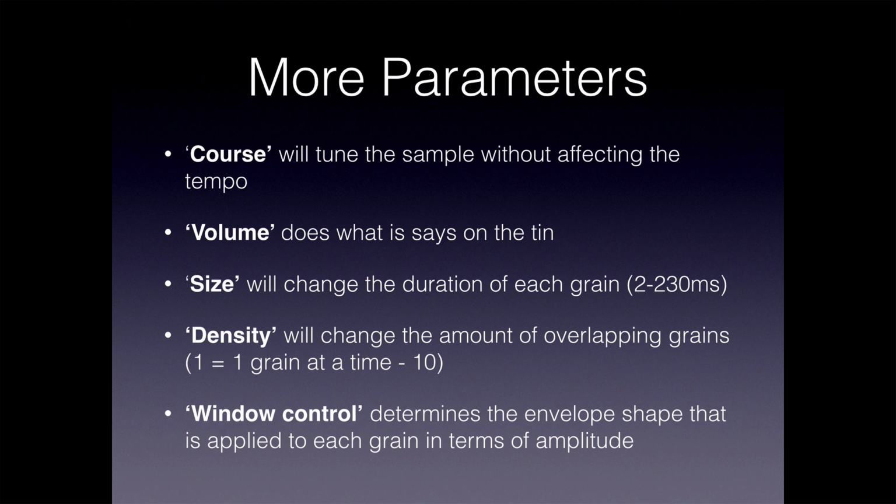Then we have the density parameter, which determines how many grains are being overlapped at any one time, anywhere from 1 to 10. And then we have the window control, which determines the envelope shape that is applied to each grain: attack, decay, sustain, release. So we can have individual control over that too. Okay, we're going to jump into Logic X now.